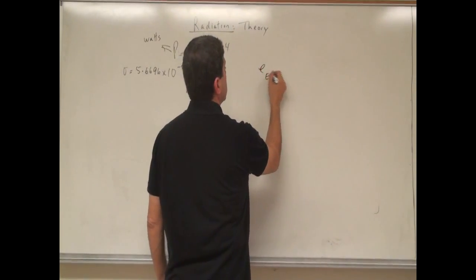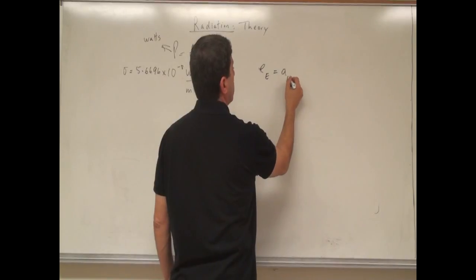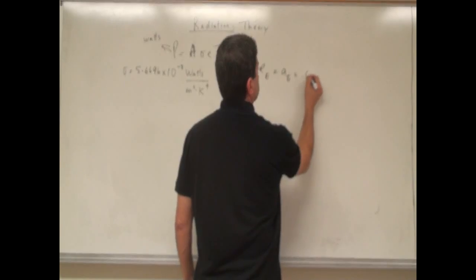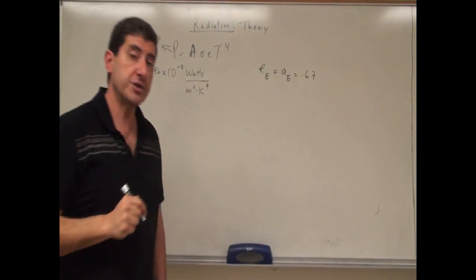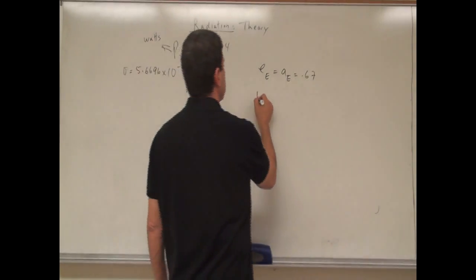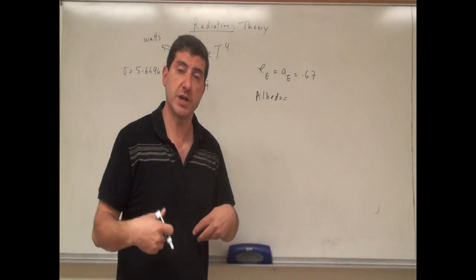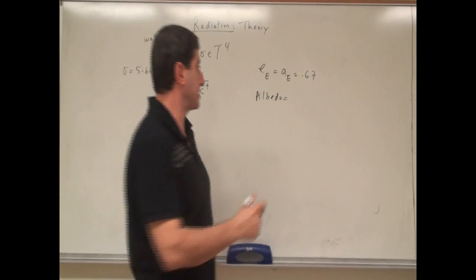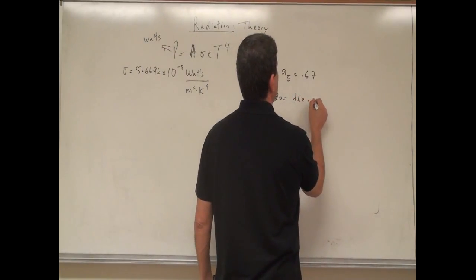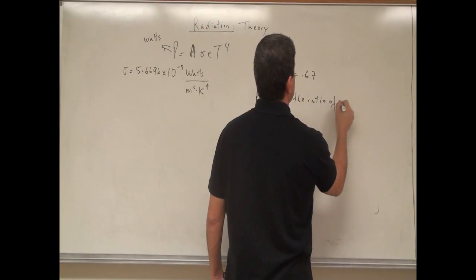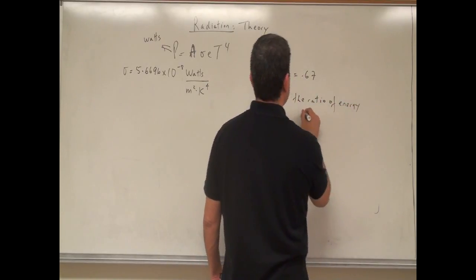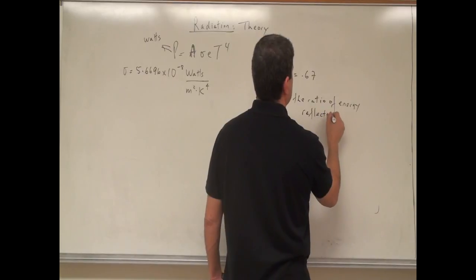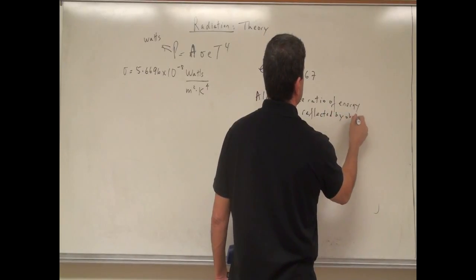The emissivity of the Earth, which is also equal to the absorptivity of the Earth, is about 0.67. Okay, there's also another quantity called albedo. Albedo is equal to the ratio of the energy received from the surrounding that the object reflects. So the ratio of energy reflected by the object.